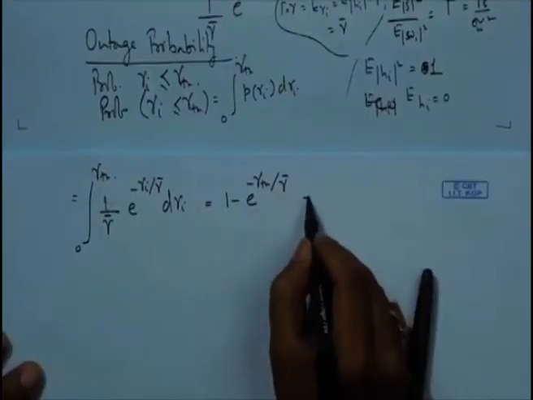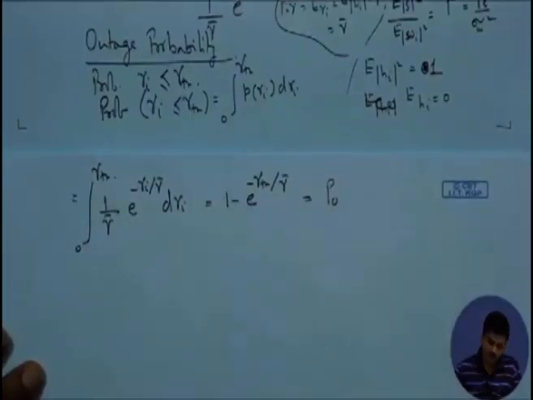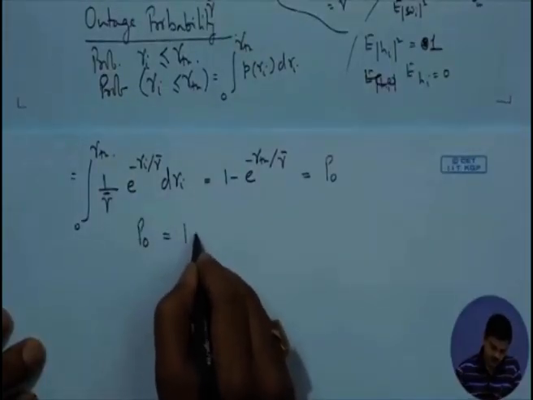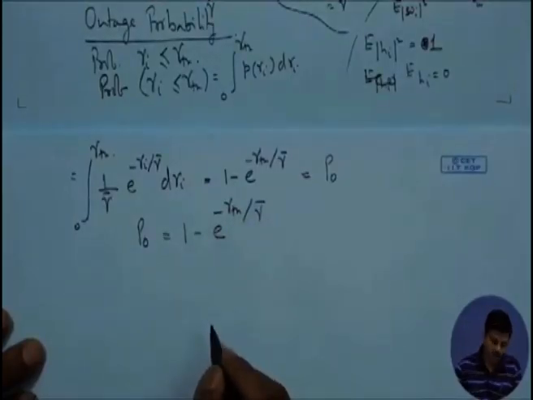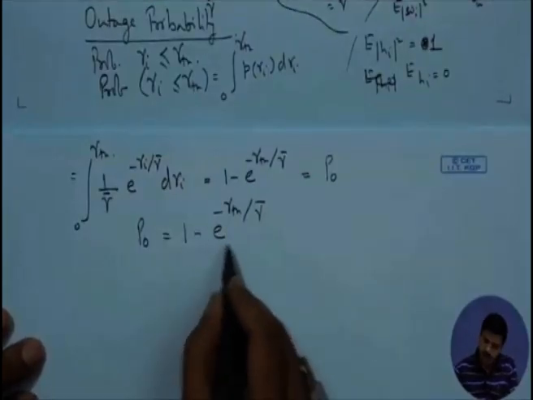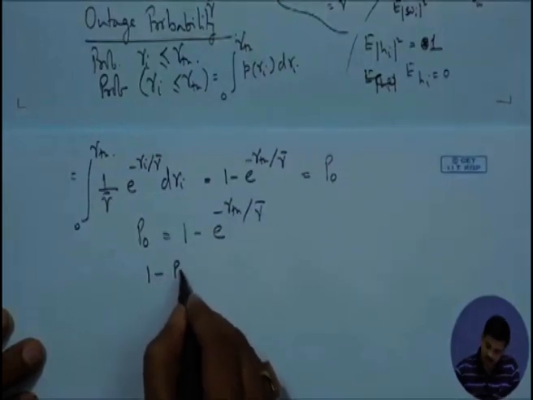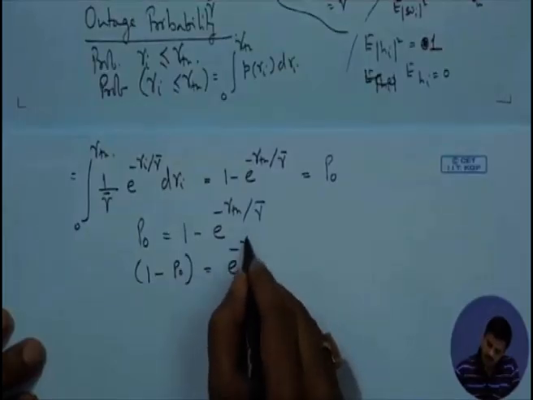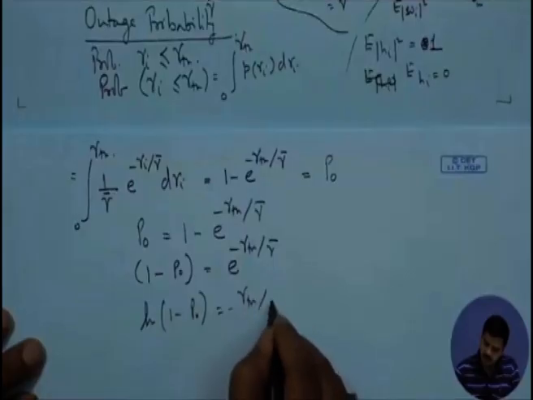So, we can write P out or P 0 as the probability that the signal falls below the threshold. You could also write that P 0 is equal to 1 minus e to the power of minus gamma th by gamma bar. Then, if I bring 1 minus P 0 to this side, it will be equal to e to the power of minus gamma th by gamma bar. Then you could write ln of 1 minus P 0 is equal to minus gamma th over gamma bar.